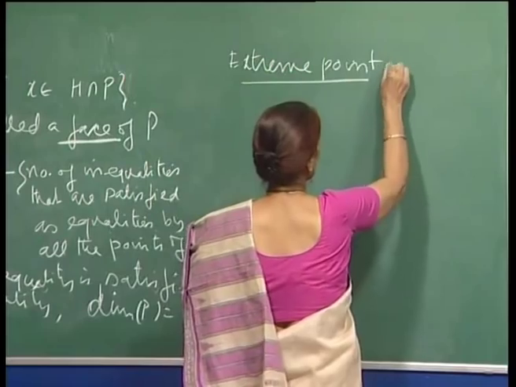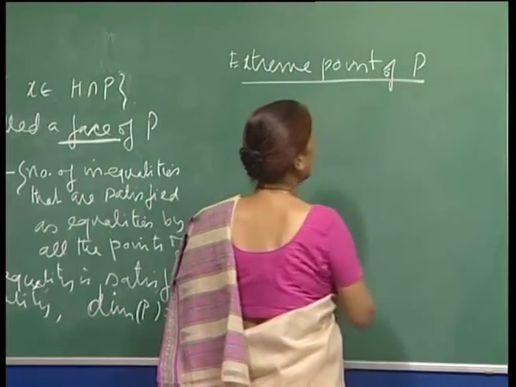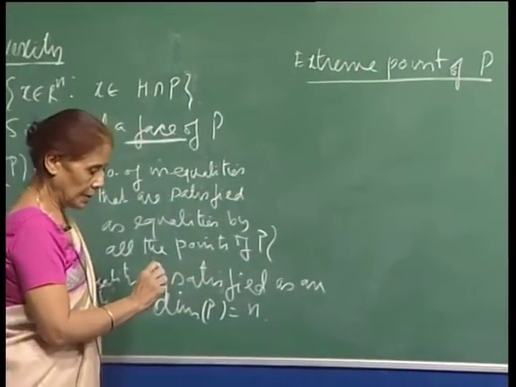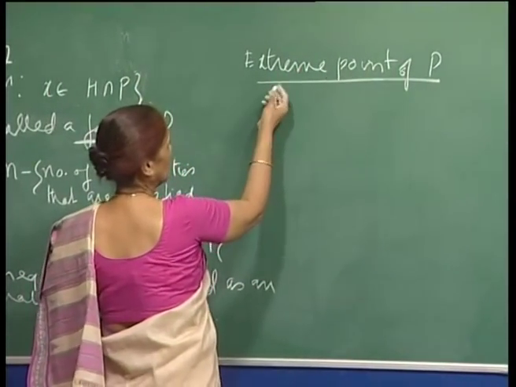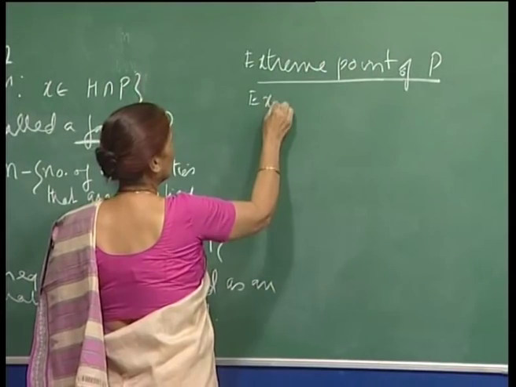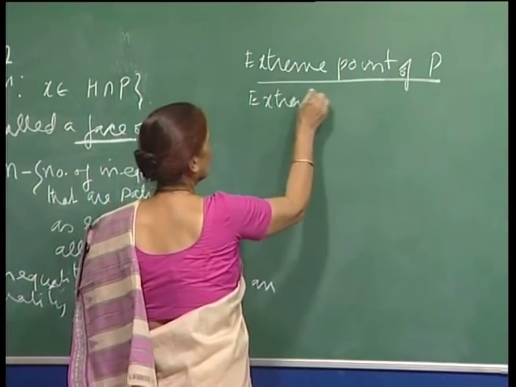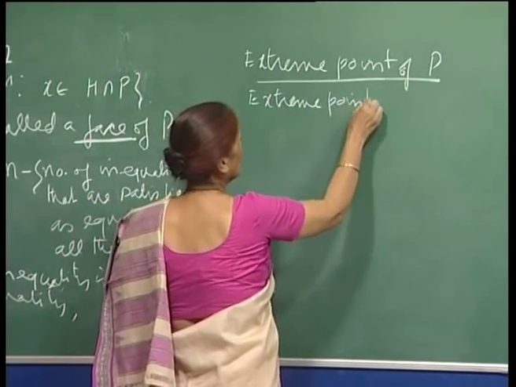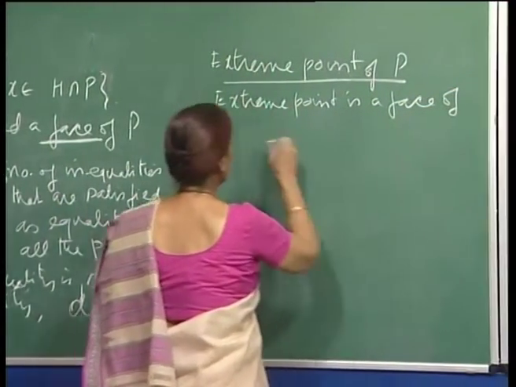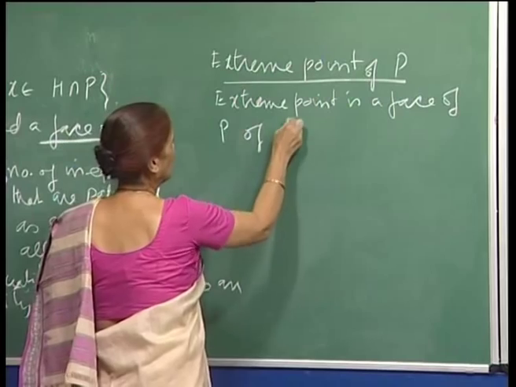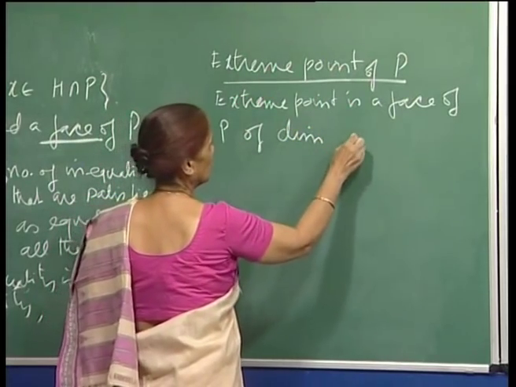Extreme point of a polyhedron P. One way, as I have shown you, is that the extreme point is a face of P of dimension 0.